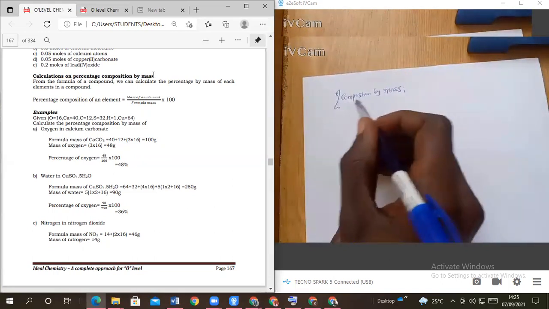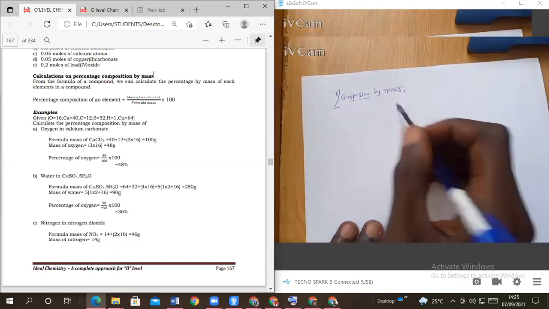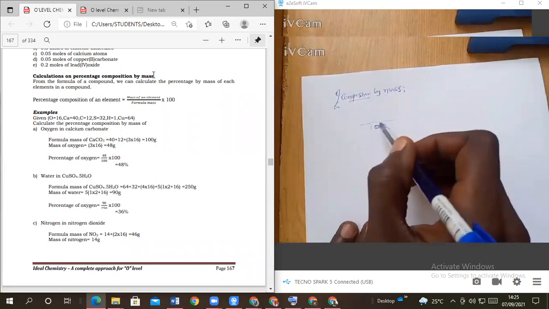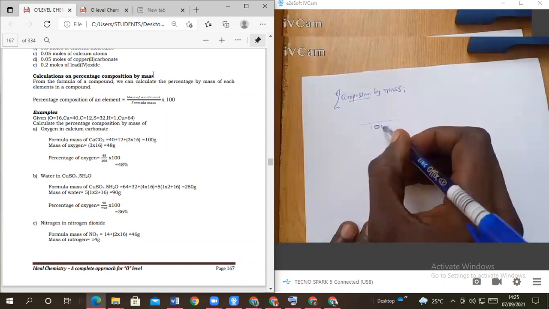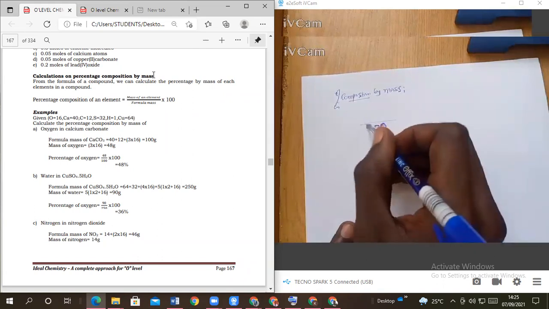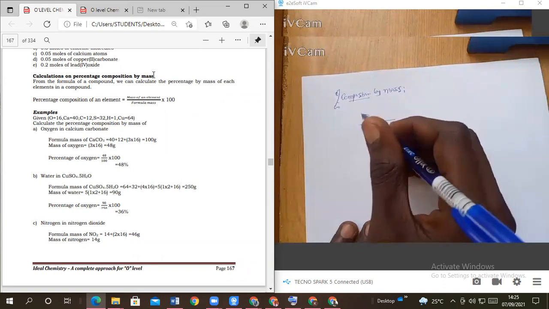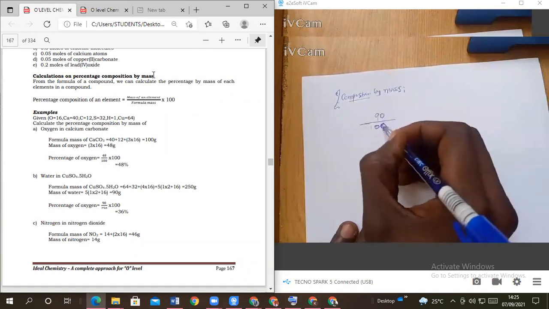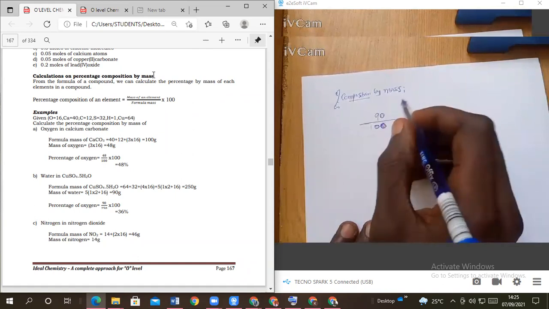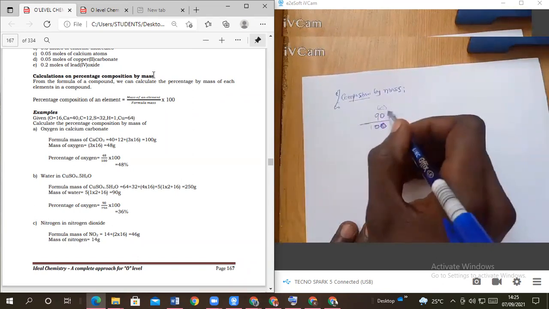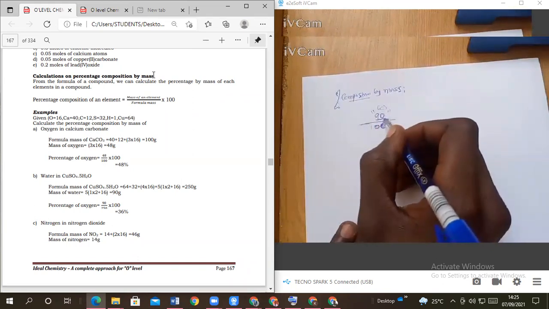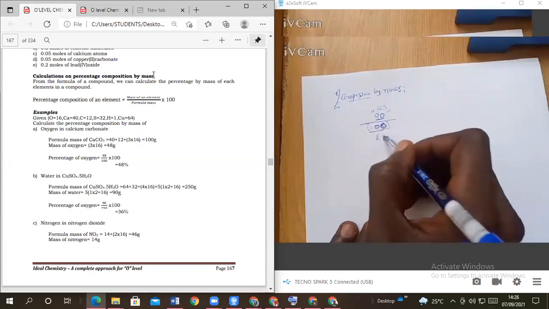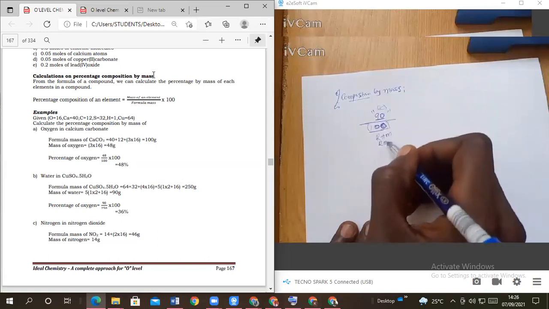If they say percentage composition, if all subjects are 100, and in English you have scored, maybe the overall percentage is 100, and a particular subject, that is our element now, let's say chemistry, you have got 90%. That is in chemistry alone, that is your element. Then the overall percentage is 100. Now this 100 can be our relative atomic mass or relative molecular mass of a given substance.